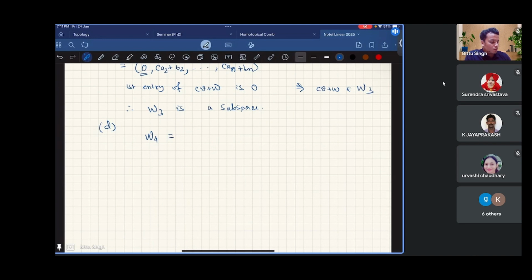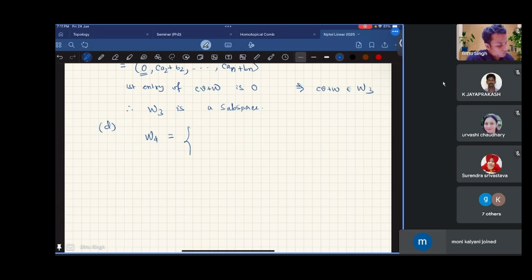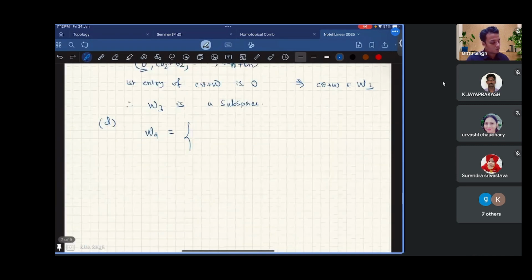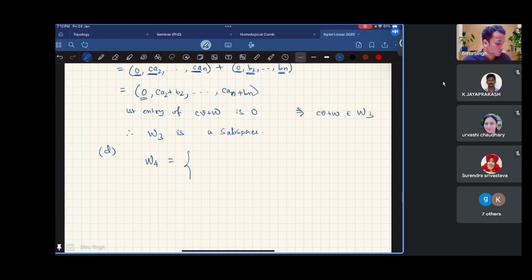This is a subset of all n by n matrices over C with respect to standard addition and scalar multiplication. So W4 is given by this.